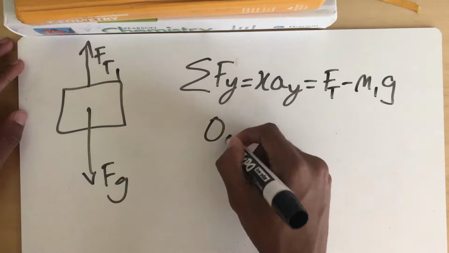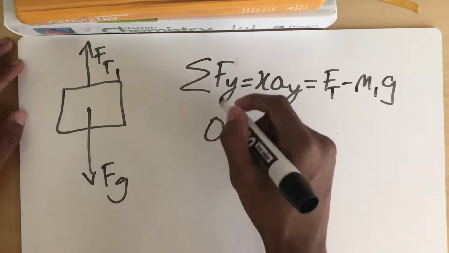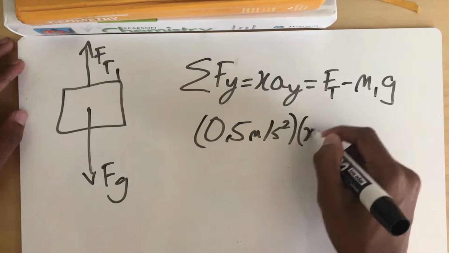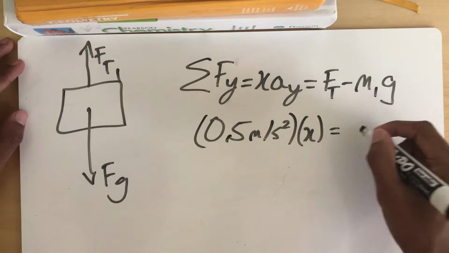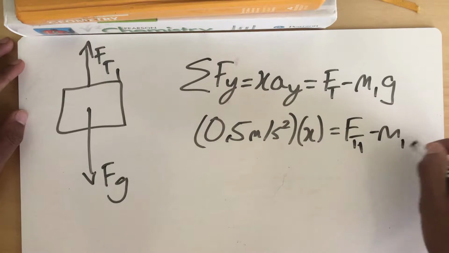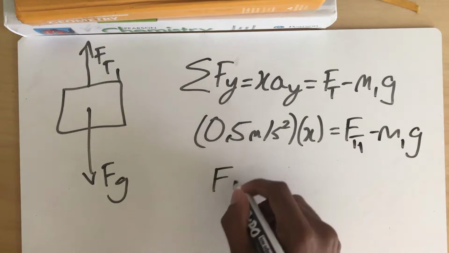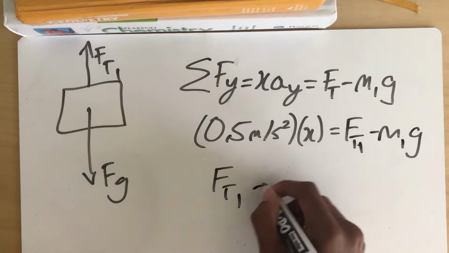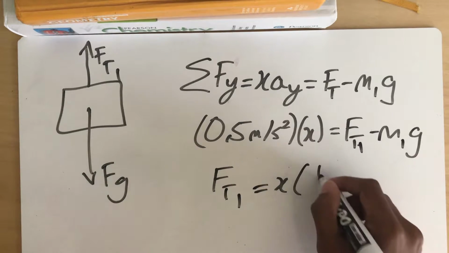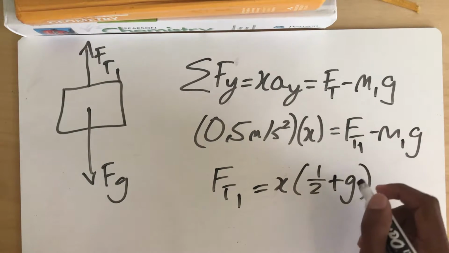And then after that, we're going to have 0.5 meters per second squared times x equals Ft minus m1g. After which, we're going to have Ft equal to x times (half plus g).